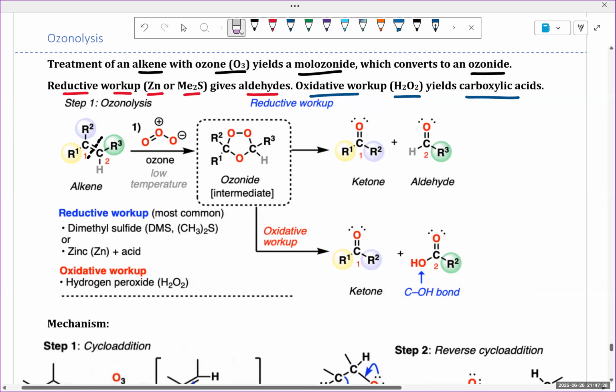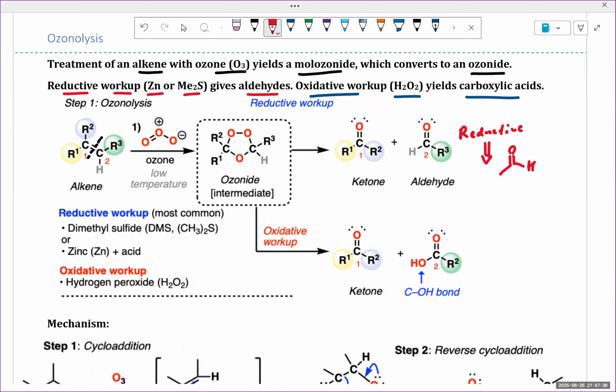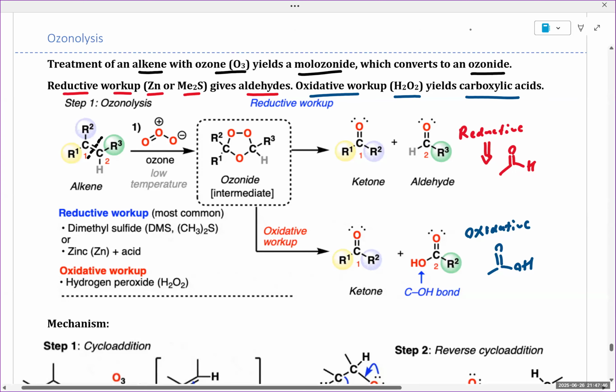Key thing to remember, if we use a reductive workup, we get aldehydes. So reductive workups yield aldehydes, while oxidative workups yield carboxylic acids. Note, you have to work up the ozonide.